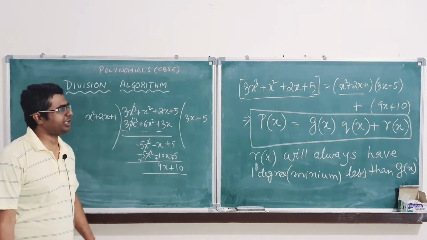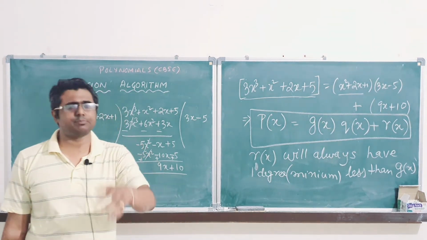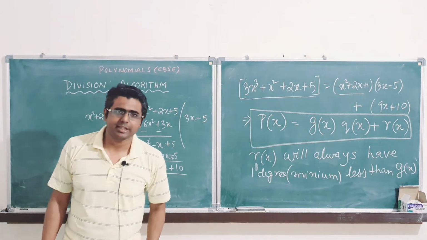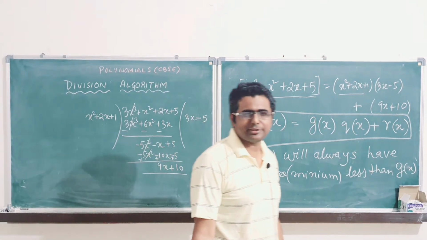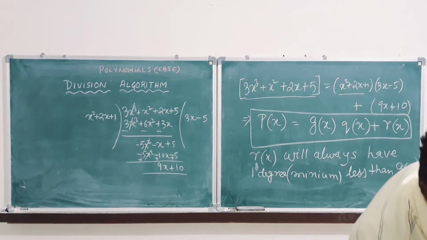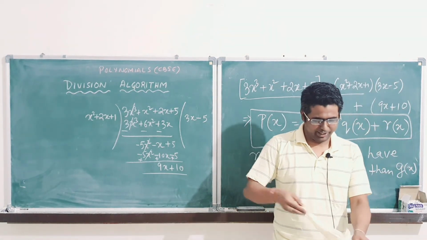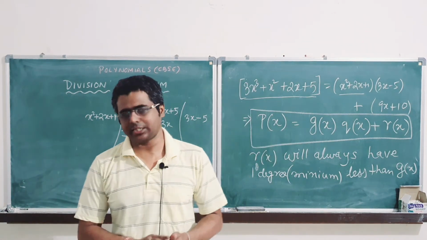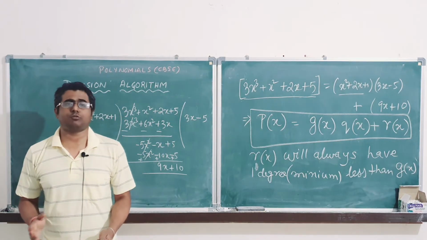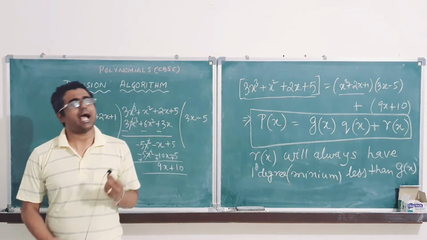I hope you have enjoyed the division algorithm and you have to verify the division algorithm in various problems in NCERT. Please do that. That ends the polynomial chapter in maybe 30 minutes or not even that. I go a little fast, I am famous for that, but I think everything is clearly understood and you can solve all the problems in NCERT, and definitely this will help ICSE students also.